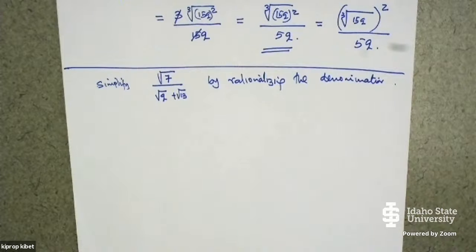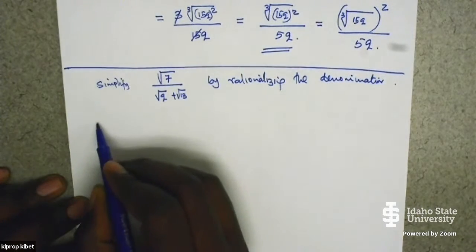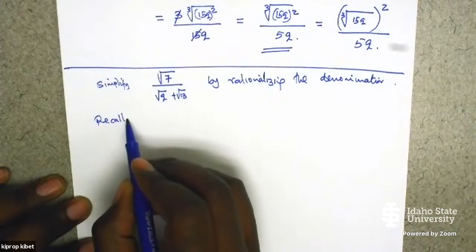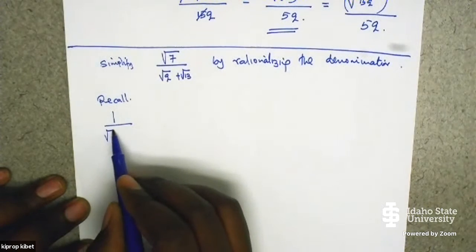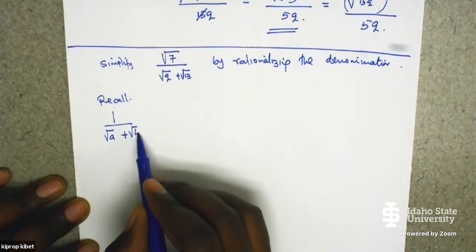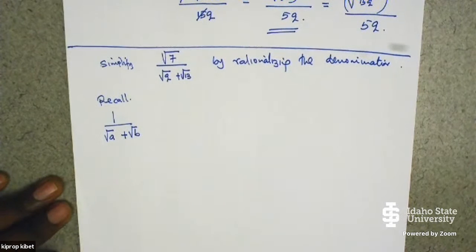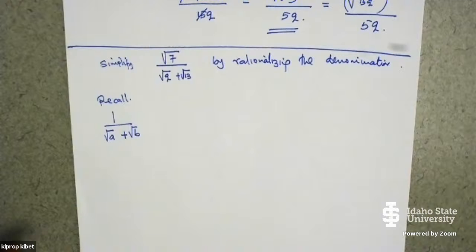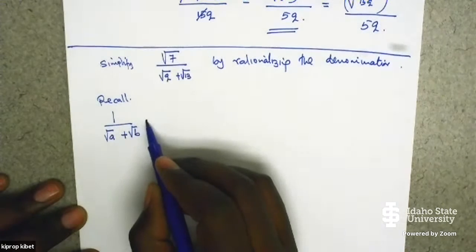Now, let's say we have 1 all over the root of a plus the root of b. To rationalize the denominator, in this case we multiply by what?